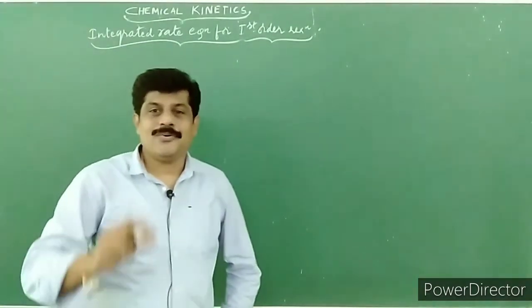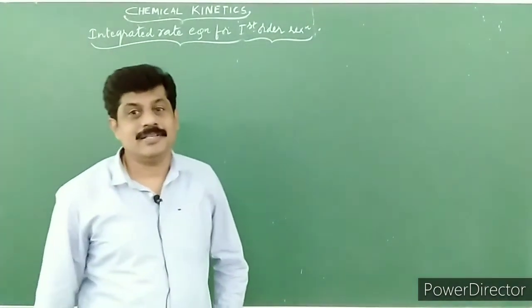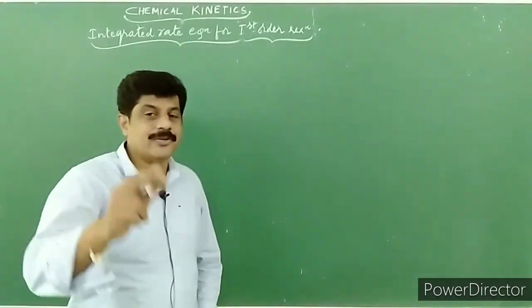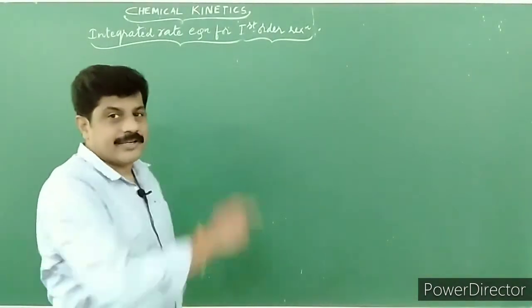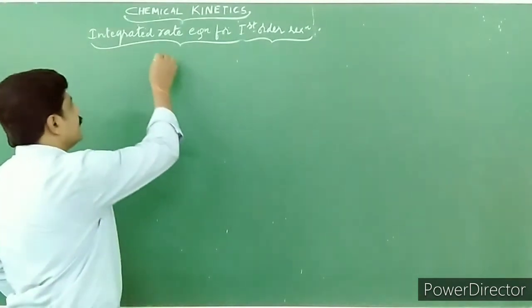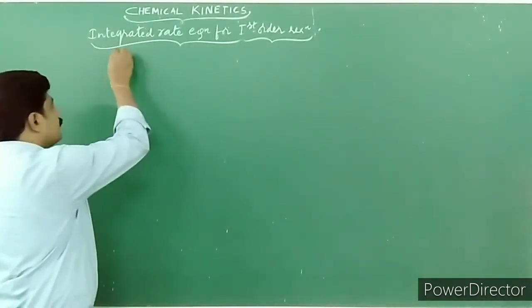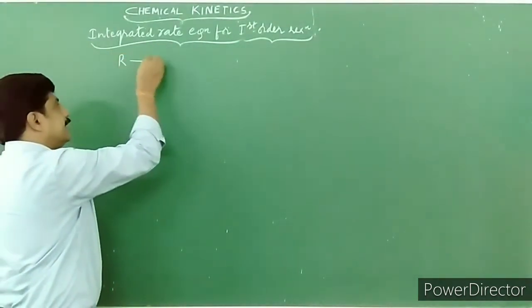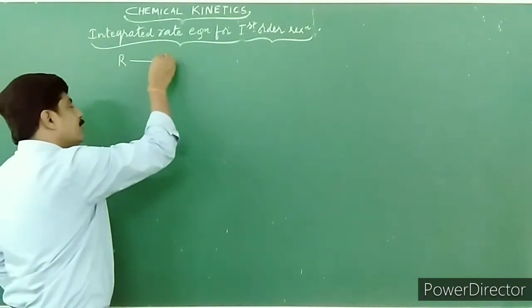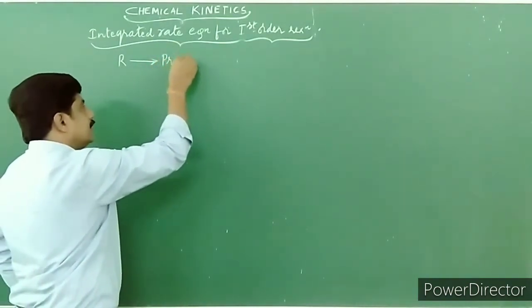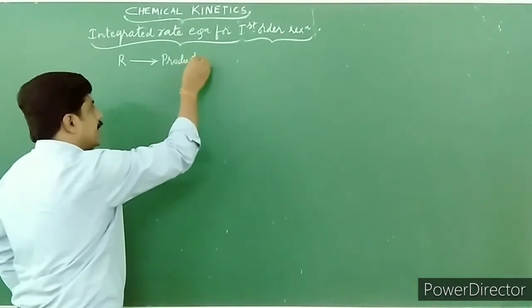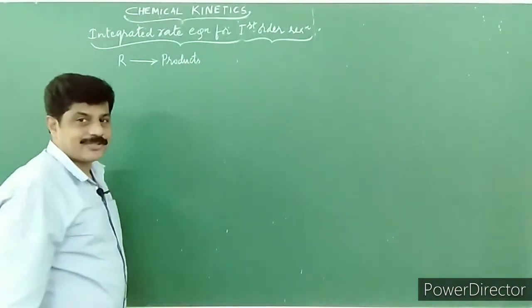Let me consider one of the simplest hypothetical first order reactions in order to get the integrated rate equation. Children, look at here. Reactants getting converted into products. Assume this as a first order reaction.